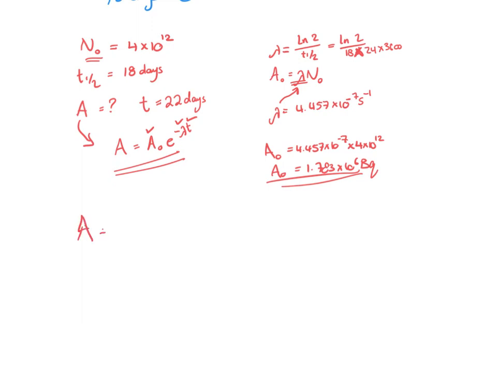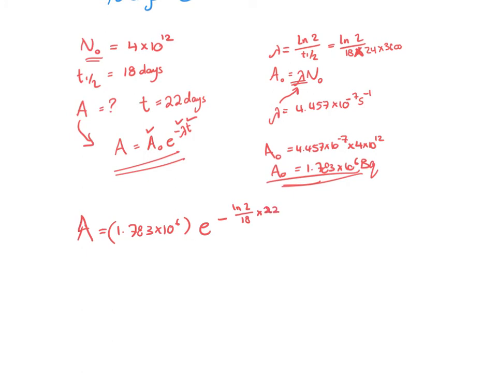So A will be A naught, which is 1.783 times 10 to the 6, times e to the minus lambda, where lambda is ln 2 over 18 days, times t, which is 22 days.